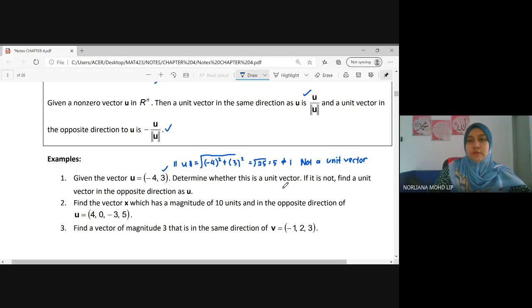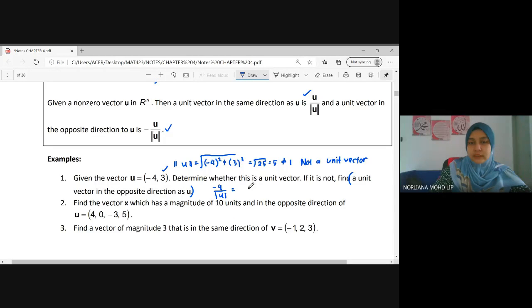If it's not a unit vector, find a unit vector in the opposite direction of u. So here they ask us to find a unit vector, but in the opposite direction of u. You have to use this theorem or formula to convert this vector u into a unit vector. In the opposite direction, it is negative u over the magnitude of u.